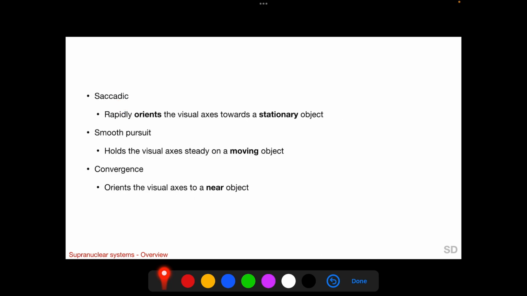The saccadic system, which rapidly orients the visual axis towards a stationary object. The smooth pursuit system, which holds the visual axis steady on a moving object. And the convergence system, which orients the visual axis of either eye to a near object. We will be discussing each of these 6 systems in the subsequent slides and in subsequent sessions.